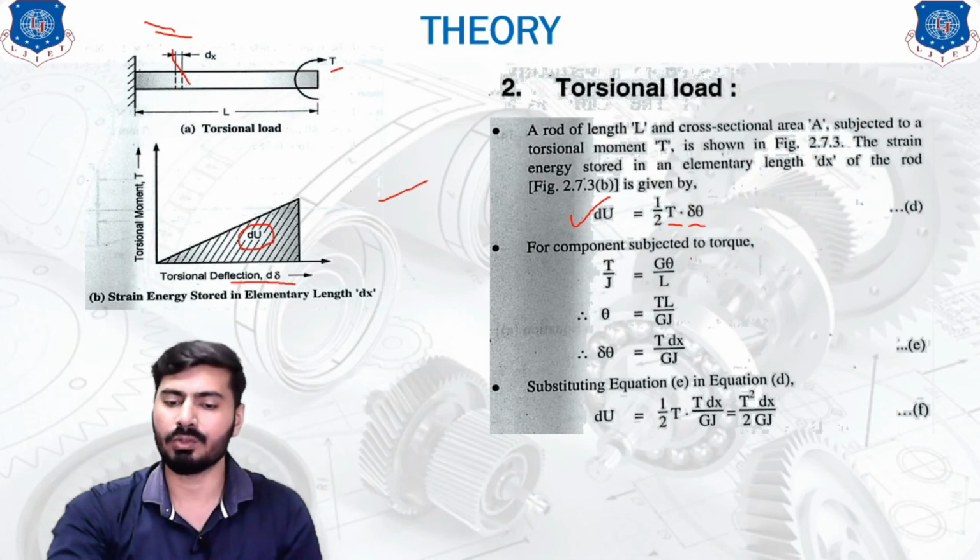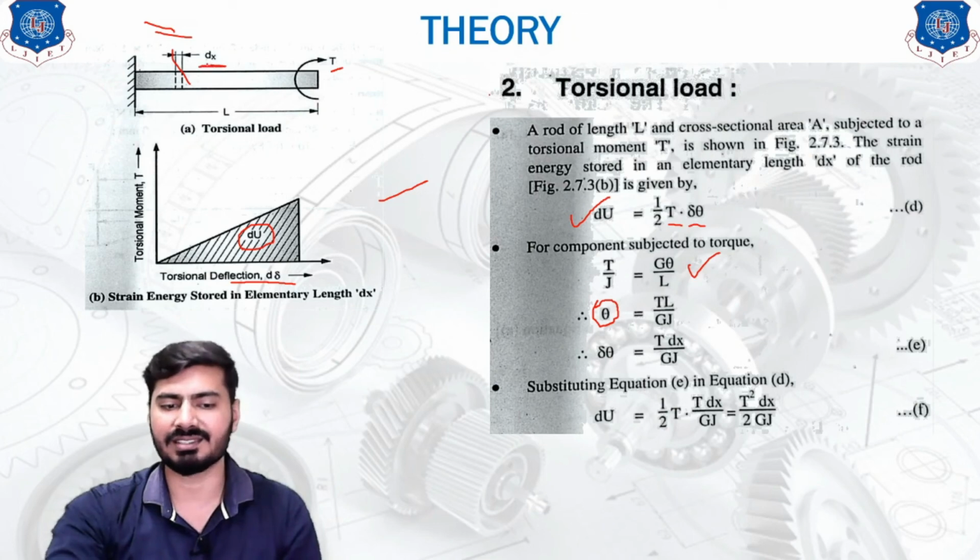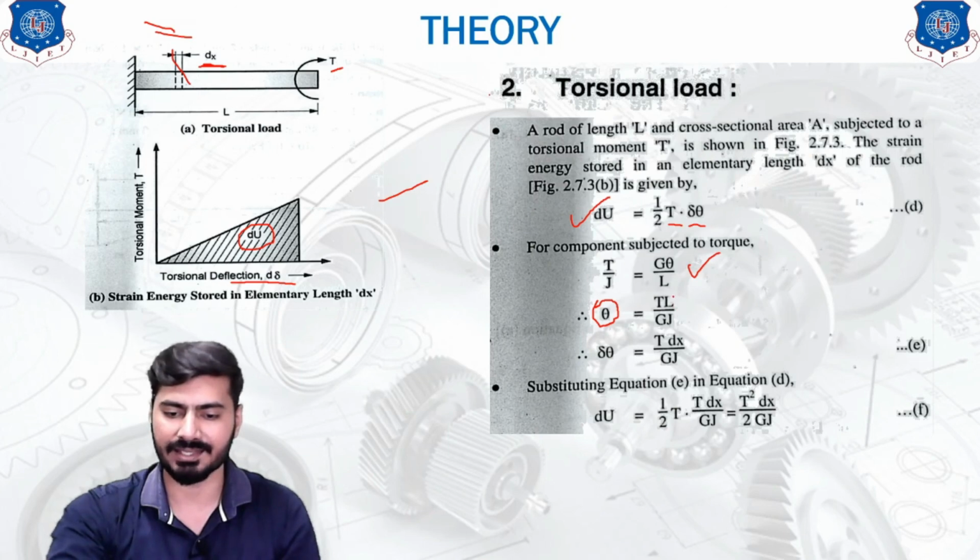Now we know one equation of torsion, that is T by J equals G theta upon L. Now in this equation, if you make theta the subject, then your RHS will look like TL upon GJ. Now in the case of a small length dx, we are going to put the value of L as dx.